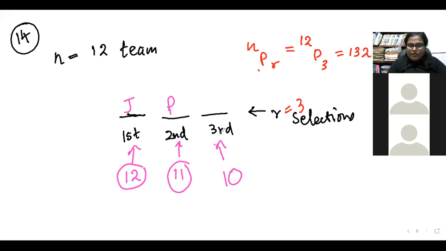So by the multiplication of these three choices, we can get the answer 1320. Right? Is it clear?